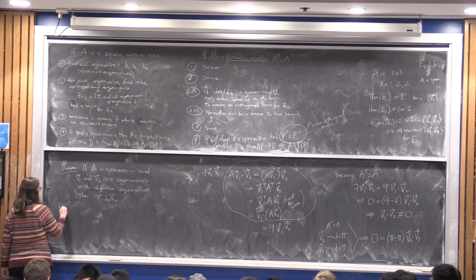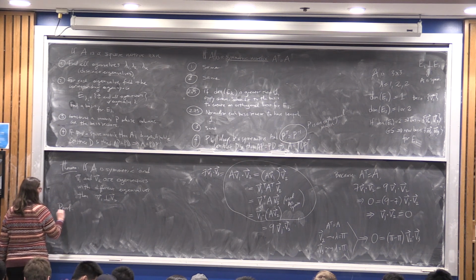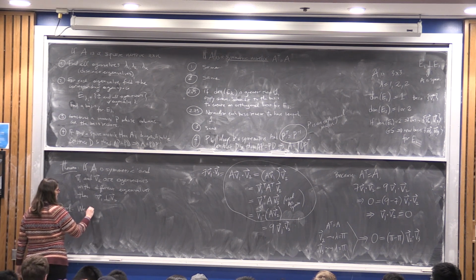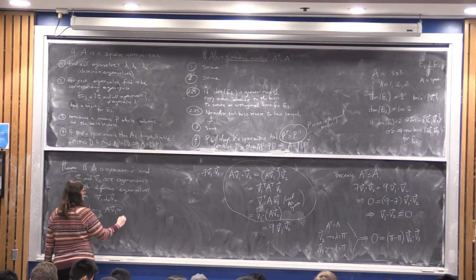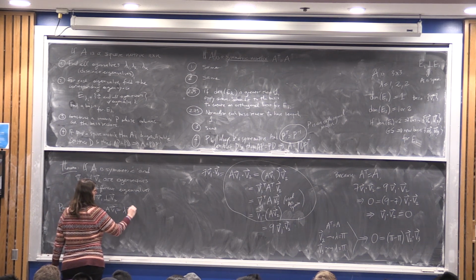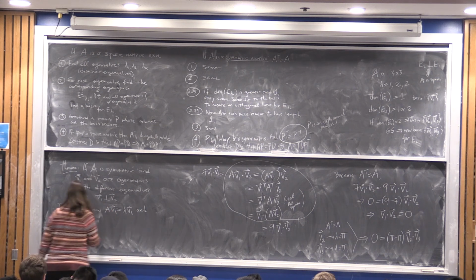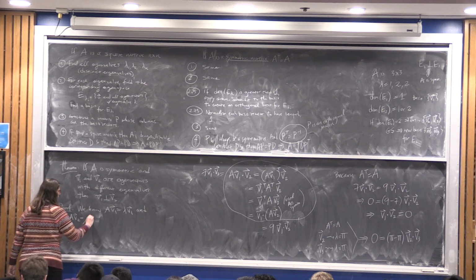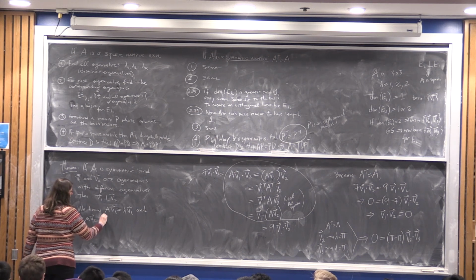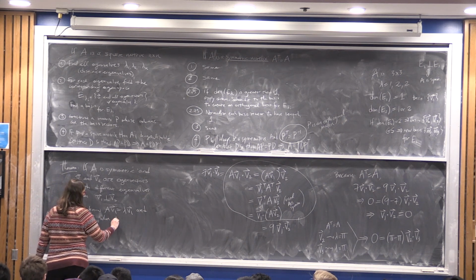So proof. We know A times V1 equals lambda V1, and A times V2 equals mu V2, where lambda does not equal mu.